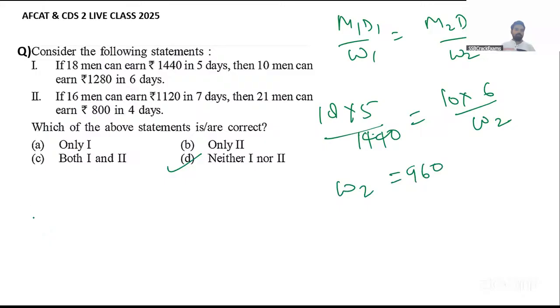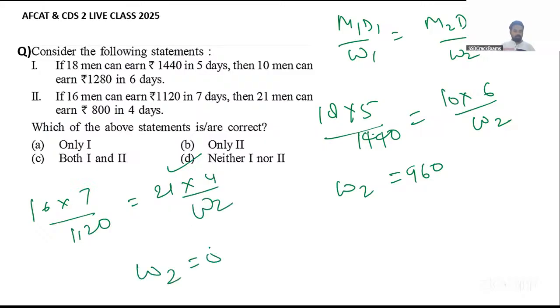In the second case, you have 16 into 7 upon 1120 is equal to 20 into 4 upon W2. So you will get W2 from here as 840. In the first case, it is saying 1280, but it is 960. In the second case, it is saying 800, but it is 840. So both the statements are wrong. So option D is correct.